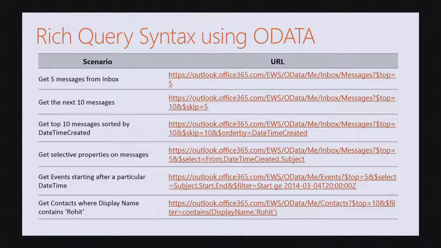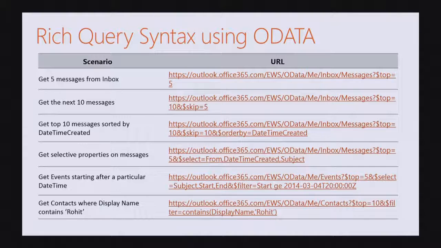So here I wanted to spend a few minutes showing some of the queries that you can do. So some canonical examples are, let's say if you wanted to get a few messages from your inbox, then you could go to inbox, say messages, and say top 5.